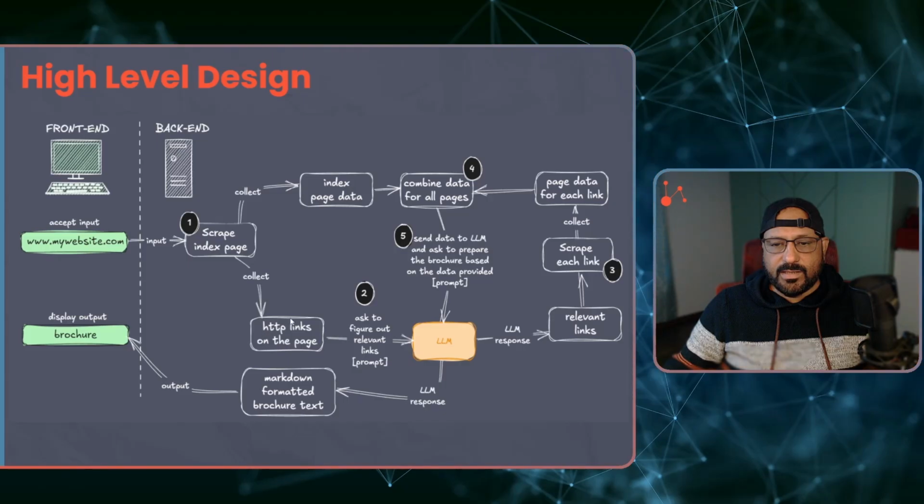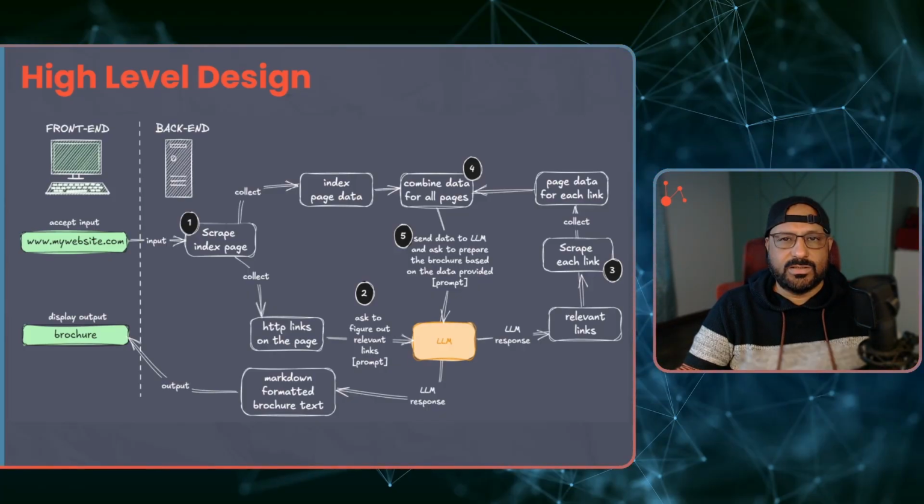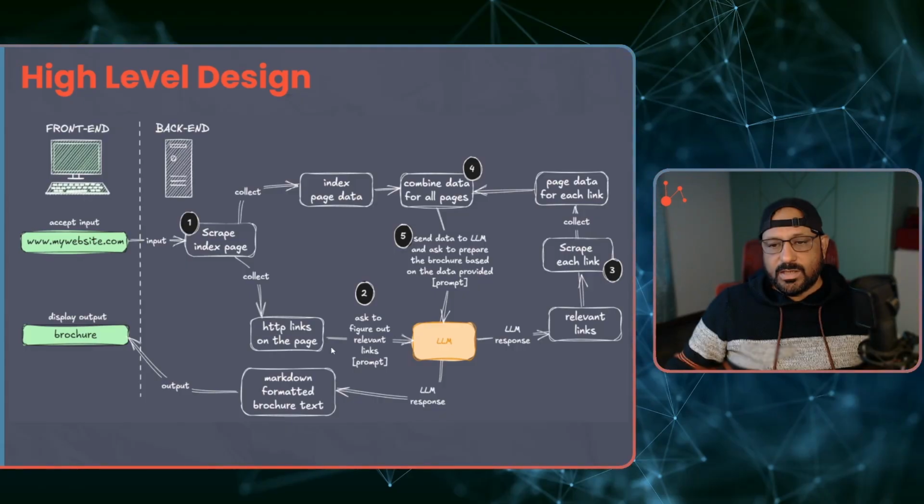Now this link list can include a lot of irrelevant links like privacy, security, licenses, legal. Those we are generally not interested in for brochure making. So what it does is take the list, pass it to the LLM, and ask the LLM through a prompt to filter this list and keep only the relevant ones.